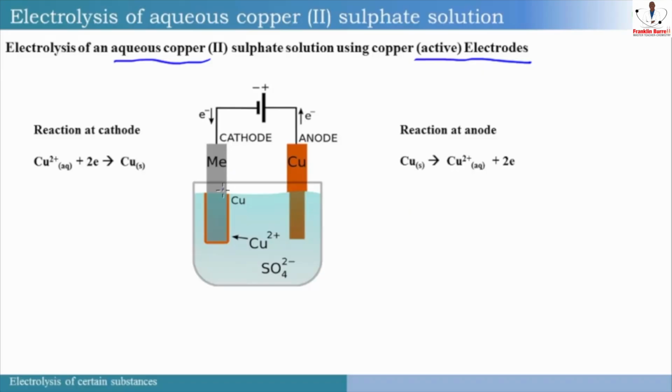Since the electrode is active, that is, a copper electrode is placed at the anode and the electrolyte is aqueous copper 2 sulfate, remember what we said would happen? If active, the anode would dissolve. So we form copper ions from solid copper.